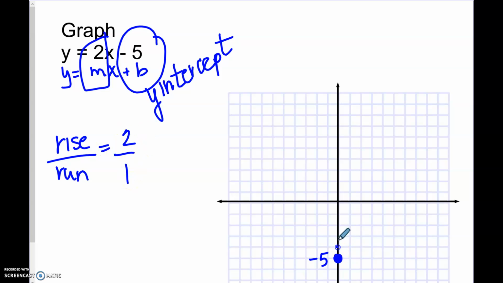So I'm going to go up 2, right 1. Here's my box, that unit box that you can make. Up 2, right 1. Again, up 2, right 1. We want just enough dots that we can connect to get an accurate line. Notice I put arrows on the ends of my line because this pattern can continue on forever. So that's what my line looks like, and it is non-proportional because it does not go through the origin.